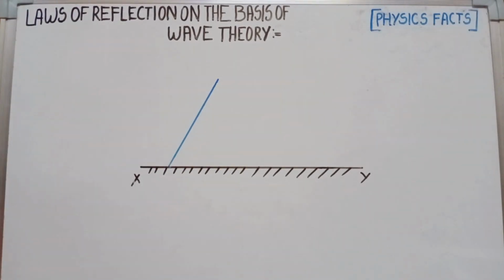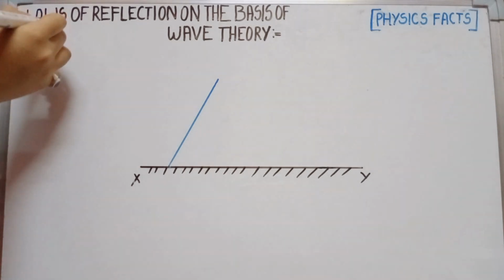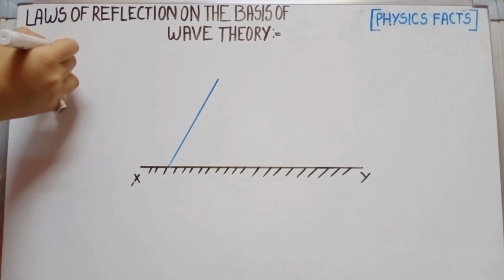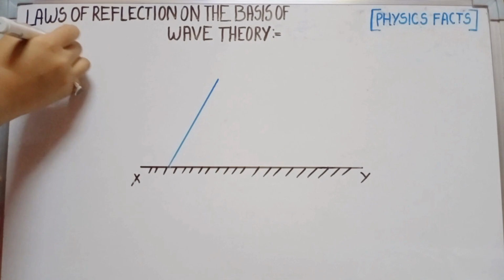In the previous video we discussed Huygens principle. Here we discuss three major points. One, each point on the primary wavefront is a fresh source of new disturbance called secondary wave or wavelet.